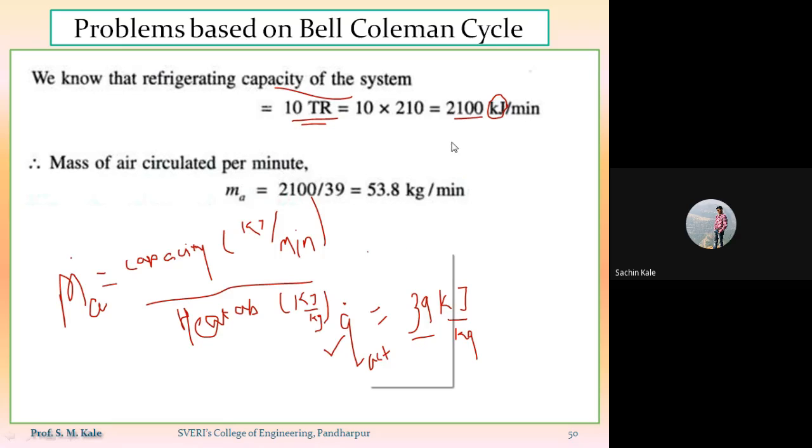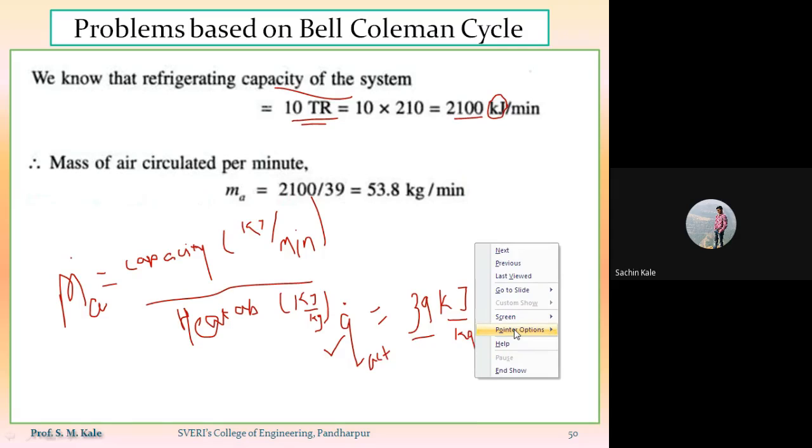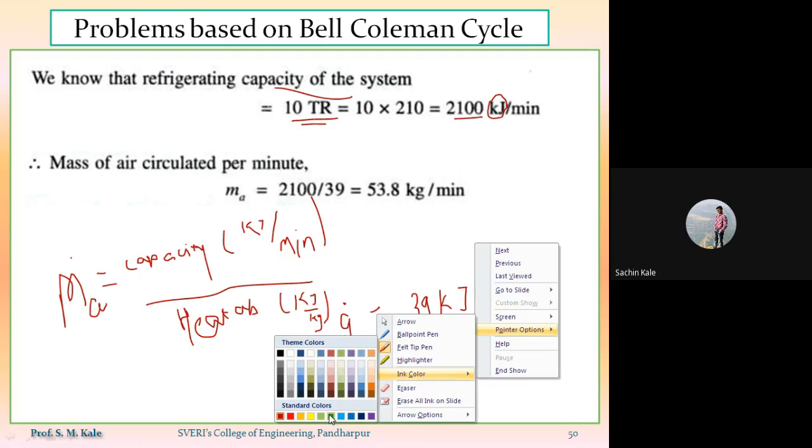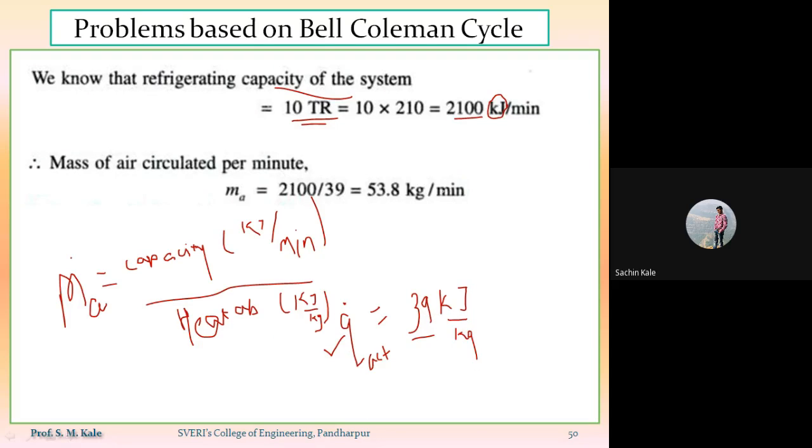As you know the capacity of the refrigerating system in kilojoule per minute, and you know the amount of heat absorbed, Q_A, calculated in the last slide in kilojoule per kg.